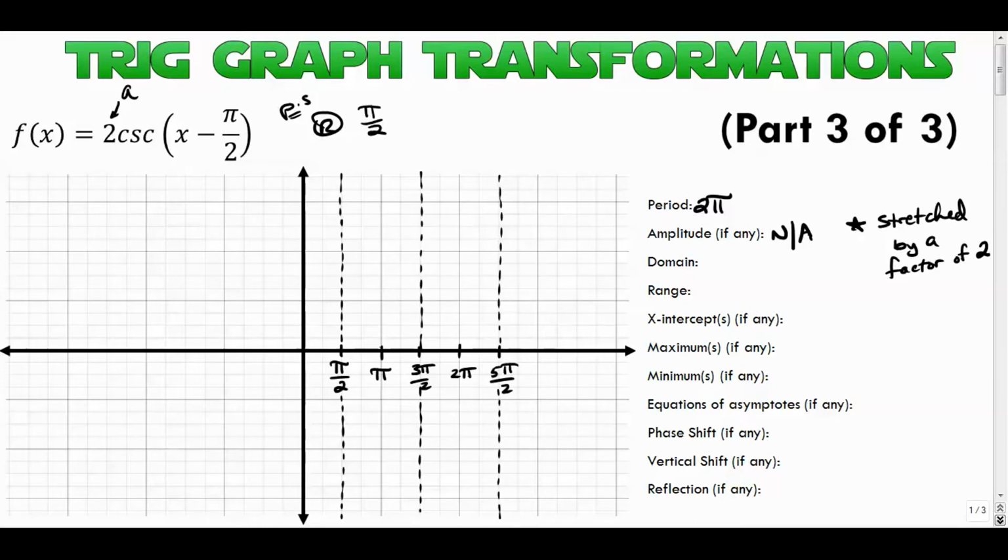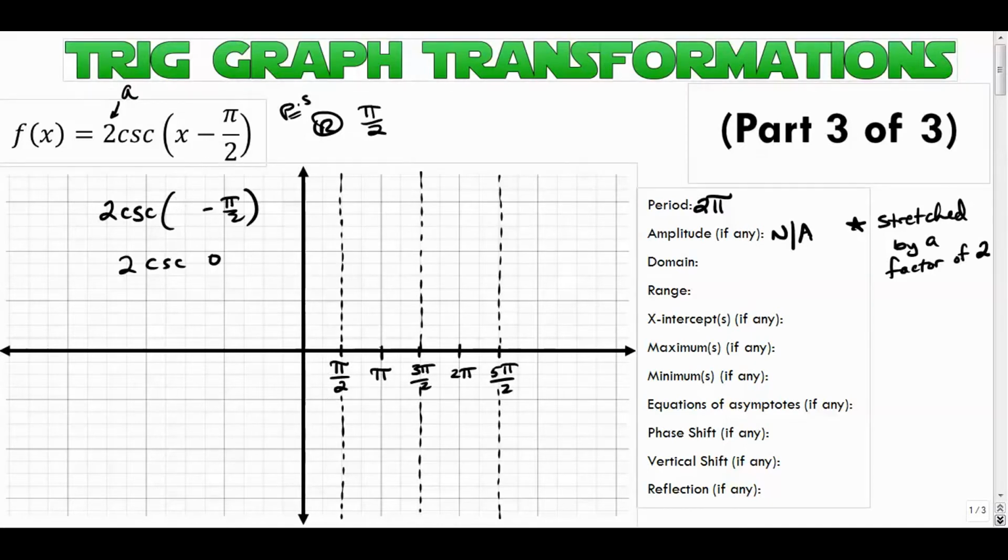Alright, and if you want to actually plug these in, you certainly can. Check pi over 2, right? 2 cosecant of pi over 2 minus pi over 2. Well, that's 0. Cosecant of 0 doesn't exist, which means there's an asymptote.